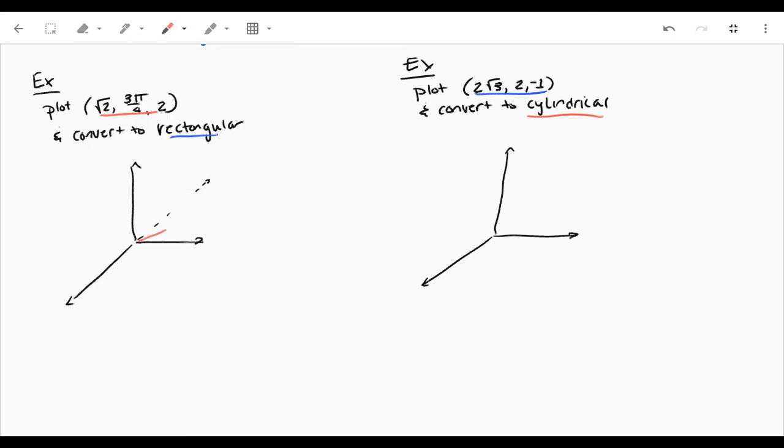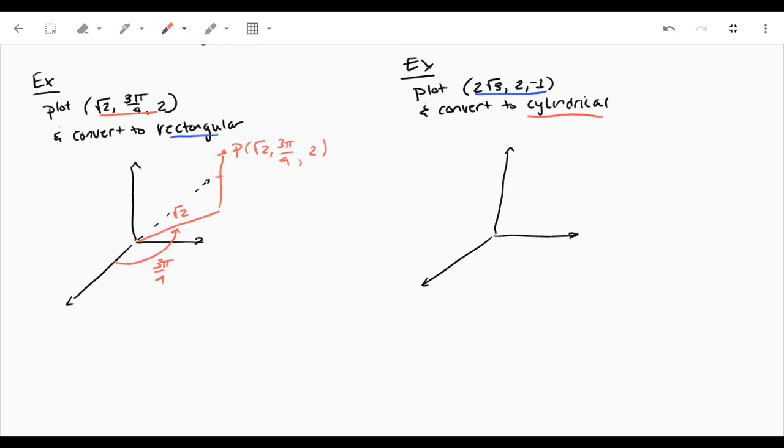So I'll go to 3 pi over 4, out a distance of square root of 2, and then up a distance of 2. There's point P, square root of 2, 3 pi over 4, 2.